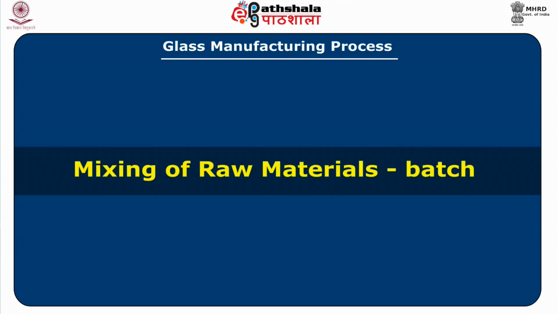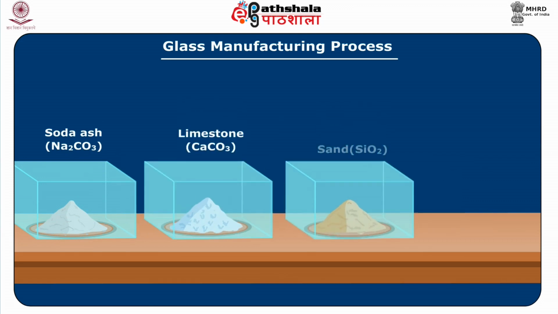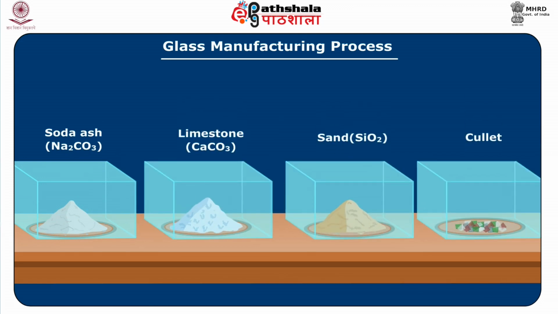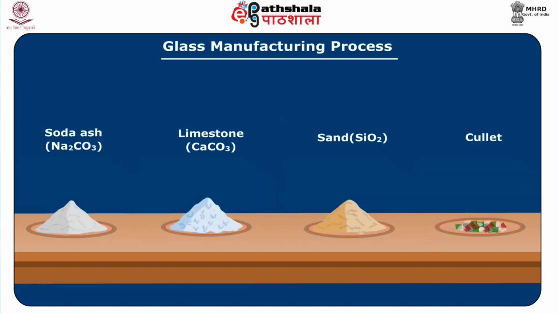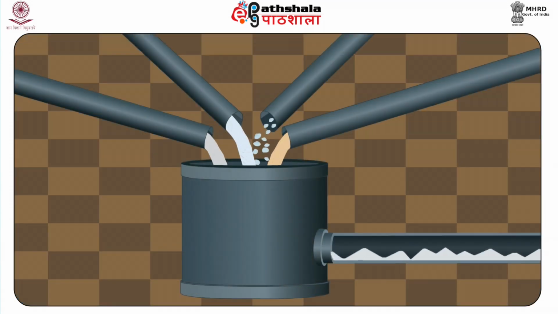The first step is mixing of raw materials, or batch. The ingredients used for making glass are stored properly to uphold the high standards of consistency of composition and to keep it free from impurities. The raw materials are weighed properly and mixed thoroughly before being put into the furnace.